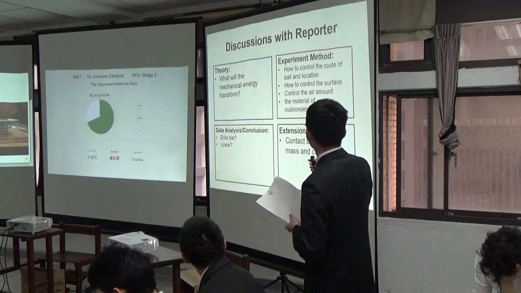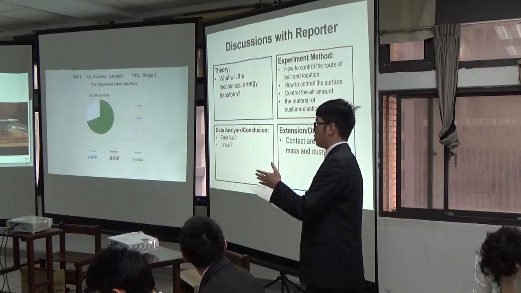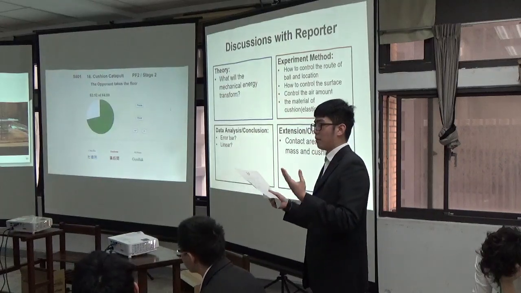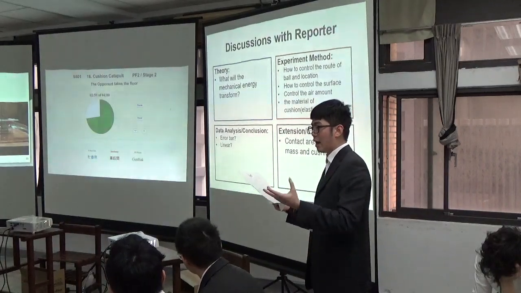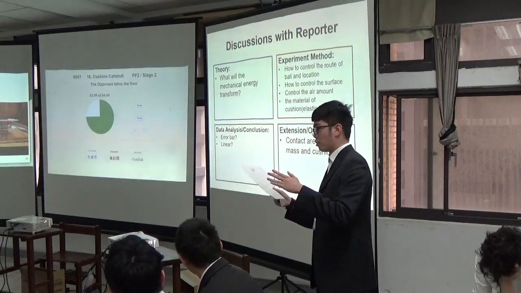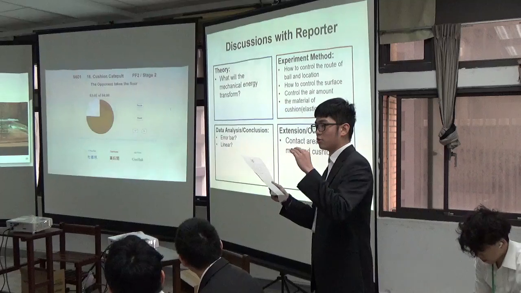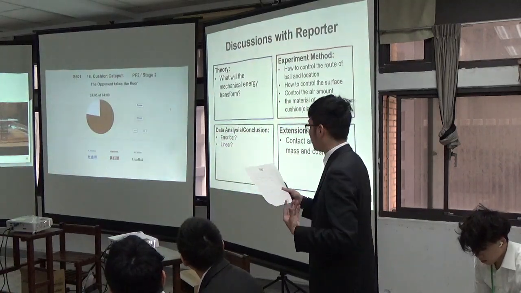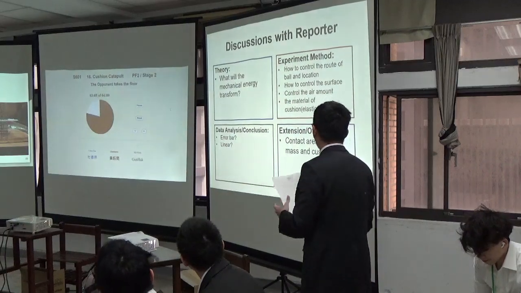And third, how to control the air amount. Since in the experiments they use a zipper bag, I think there may be some air leakage. Also, the zipper bag won't turn back to its original shape when they finish the experiment, so I think there may be a better choice of material.